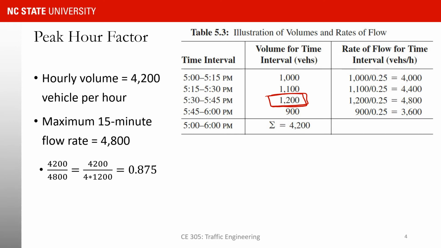So if I divide my hourly volume, which is 4200, by my hourly flow rate, which is 4800, or 4 into 1200, I find 0.875, which we call peak hour factor.